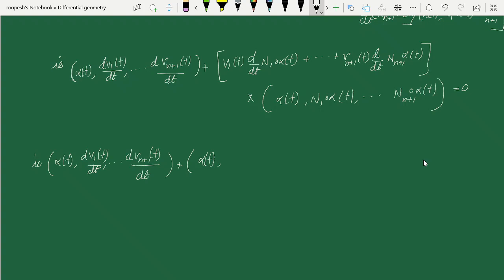This dot product we want to write using sigma notation: sigma j equal to 1 to n plus 1 of vj of t times d/dt of nj of alpha of t, times n1 of alpha of t.